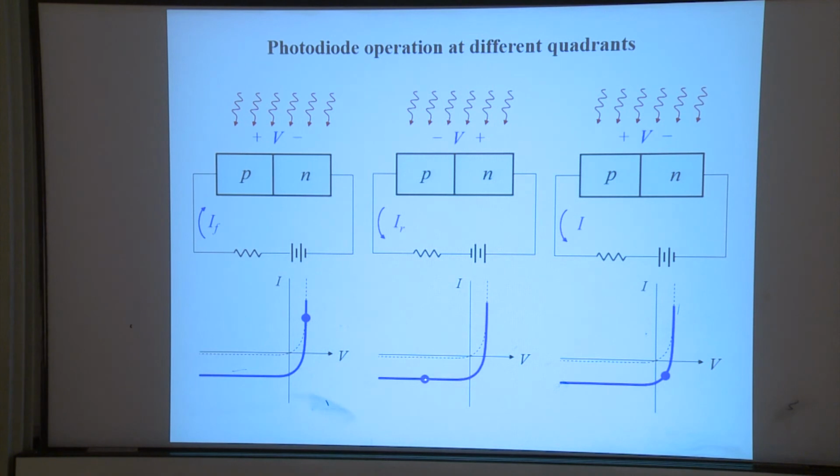Also, this current will vary with the strength of irradiance, and this curve is very flat, so it is not a function of reverse bias.